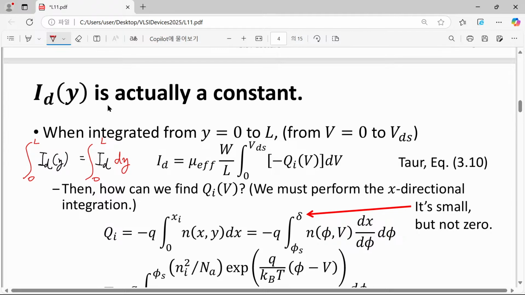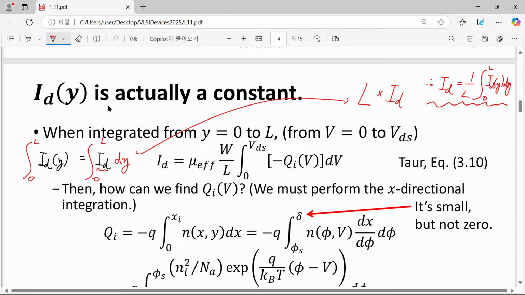Then if we look at the right hand side, this is just a constant over y. So this calculation becomes just L times the constant ID. So simply speaking, ID is given as 1 over L times the integrated position dependent ID expression, and that will be the expression for our entire system. Okay. Do you have any question?